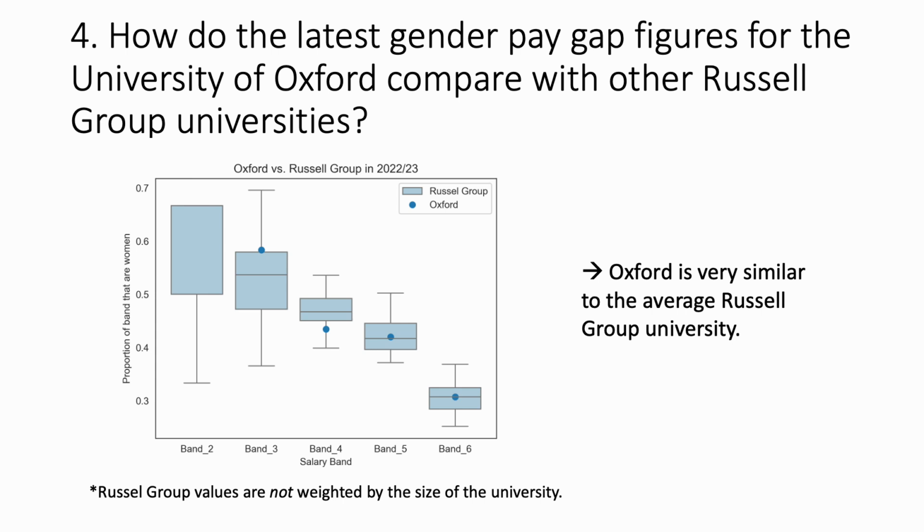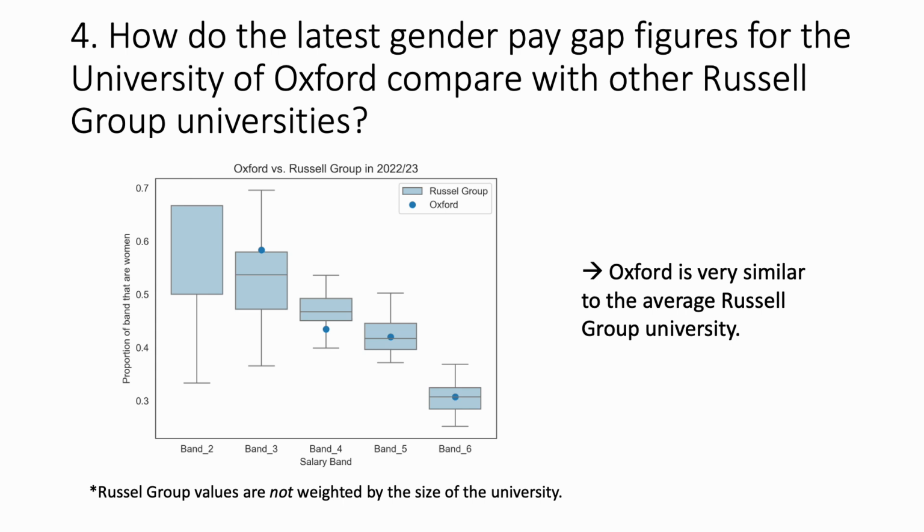And over the distribution, we see that Oxford's median value of the proportion of women in each band is actually quite in the middle of the distribution across all other Russell Group universities. With this, we can conclude that Oxford is very similar in terms of the gender pay proportion compared to all other Russell Group universities.